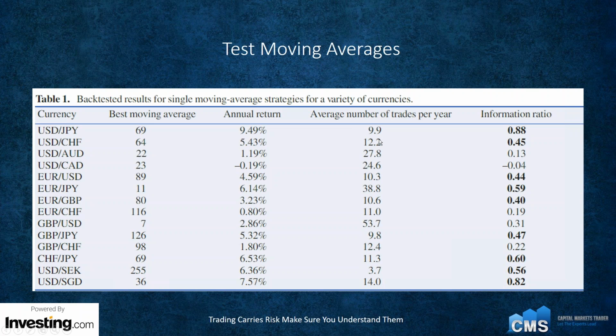The average number of trades per year was 9.9, or 10 trades, and it gave you an information ratio of 88. That meant every time the Japanese yen moved above or below the 69-day moving average and you traded those, you would have made a 9.9% annual rate of return. We can see the USD CAD was a little bit wacko there.